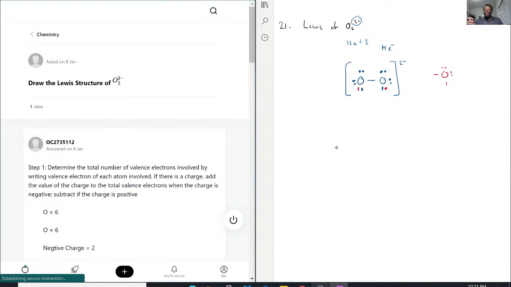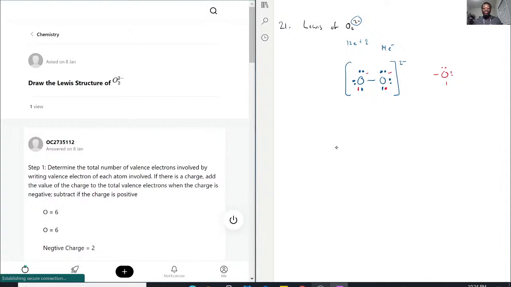So when that happens, we take a step towards the negative. So each oxygen here had a minus. So as you can see, because these 2 oxygens both had a formal charge of -1, that is how the whole polyatomic ion has a charge of -2.